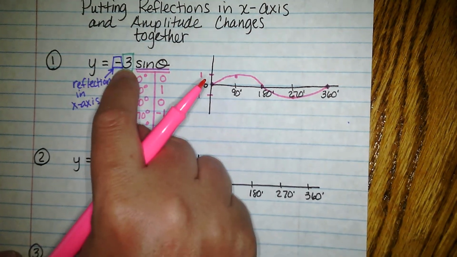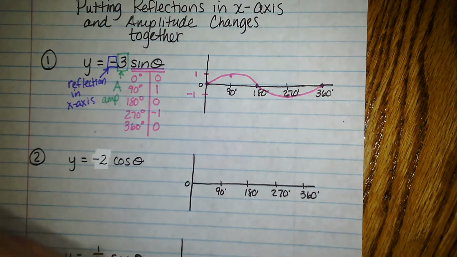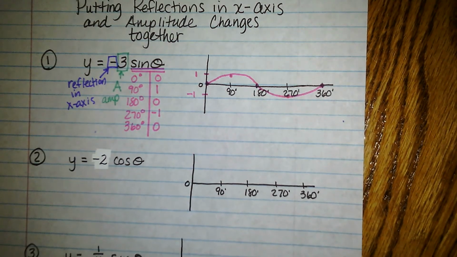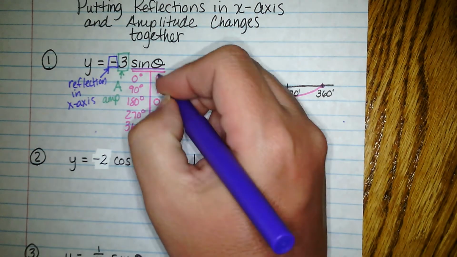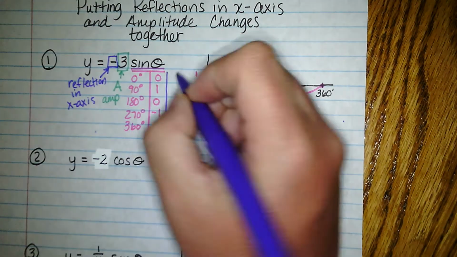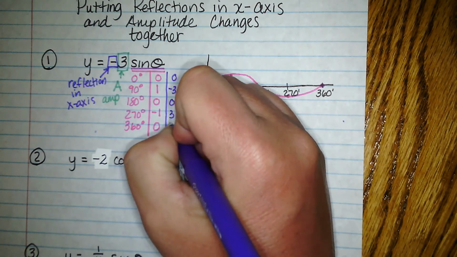Then if I put in a multiplier of 3 and a reflection, all I need to do is multiply these outcomes by -3. So this would be 0, -3, 0, +3, and 0.